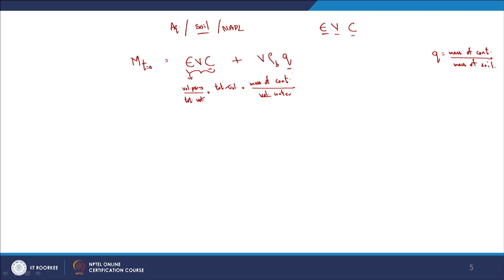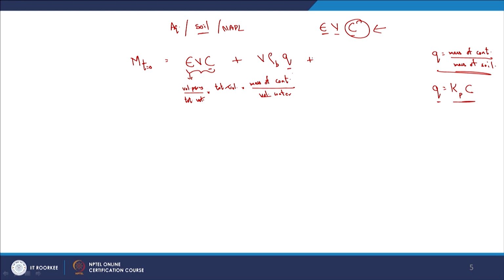As we know, it is going to be in equilibrium with the concentration of the relevant compound dissolved in water, right. I think we were considering a linear relationship, Q equal to Kp into C. That is something we looked at.